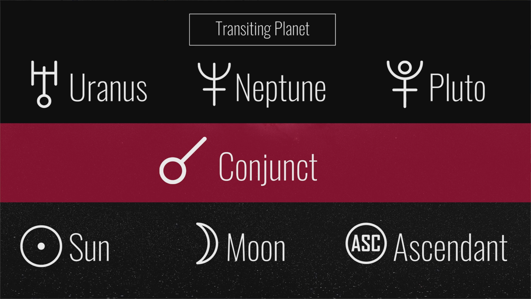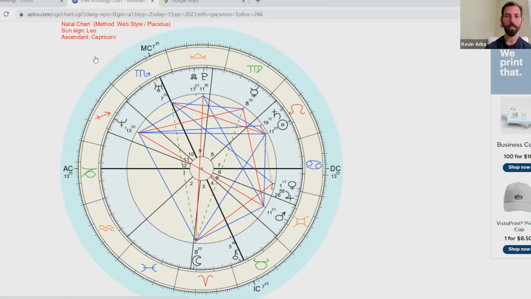So let me look at if there's anything. Okay, so for Sarah, you have Uranus here at her Midheaven. So it's going to be connected to her career, but it's also heavily aspected, including being square to her sun.